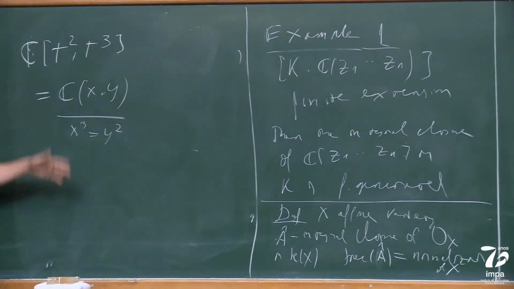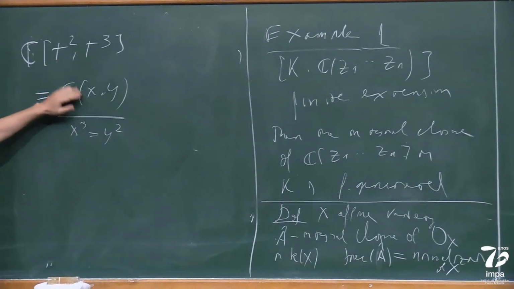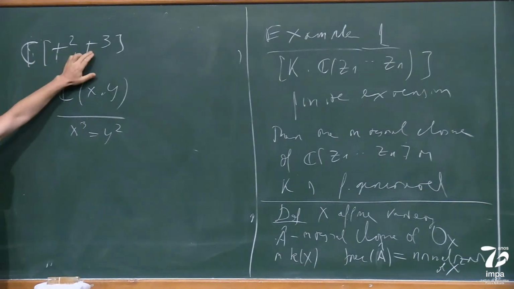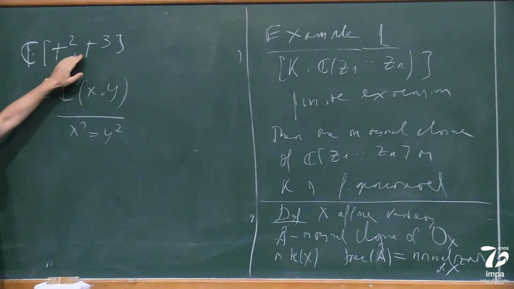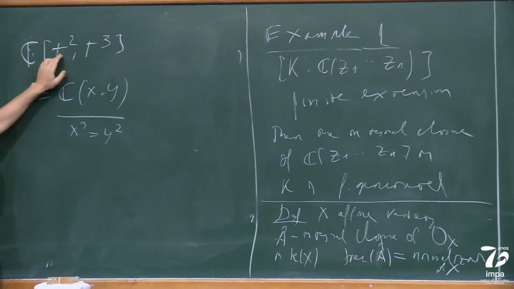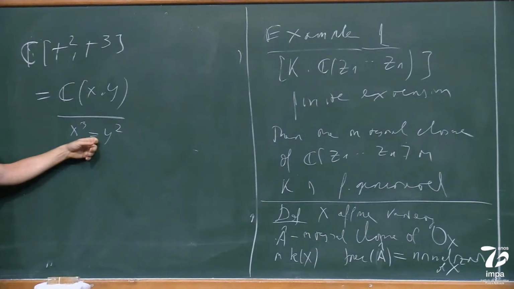This is the same ring. From here you map to there by taking T squared to X and T cubed to Y, and from there you map to here by taking X to T squared and Y to T cubed, and you check this relation.